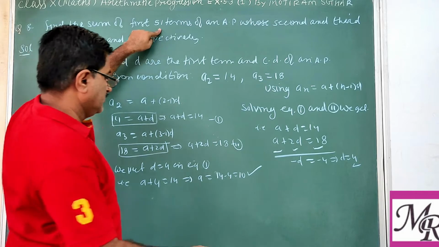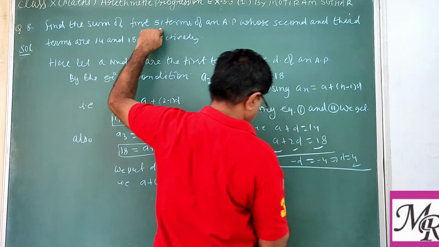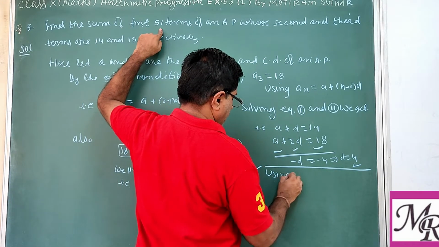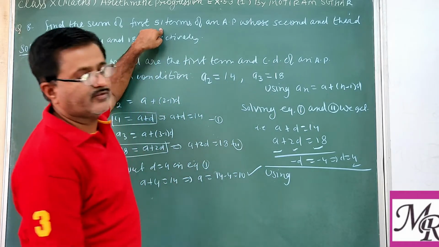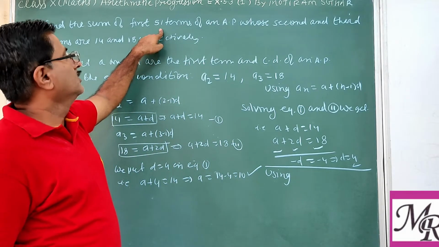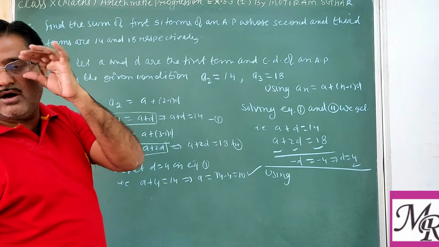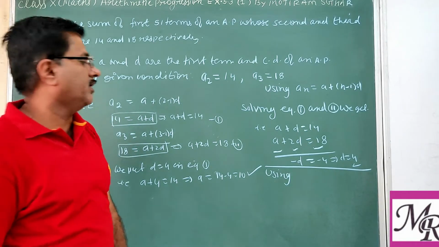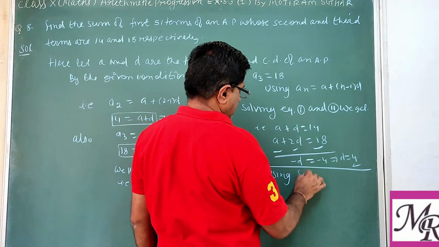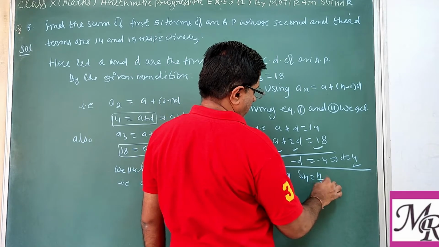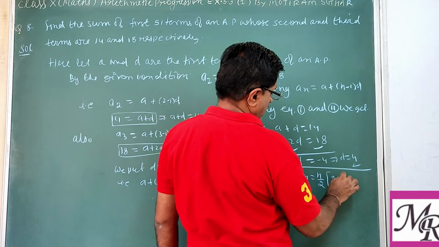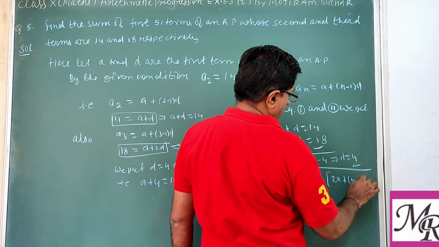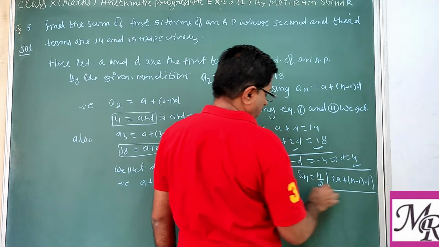So now using the formula, we need the sum of 51 terms. That's why we use the formula of the sum of n terms of an AP, that is Sn equal to n by 2 into 2a plus n minus 1 into d.